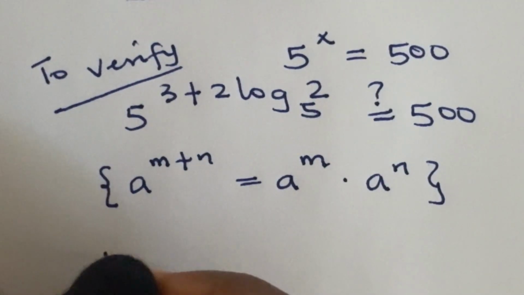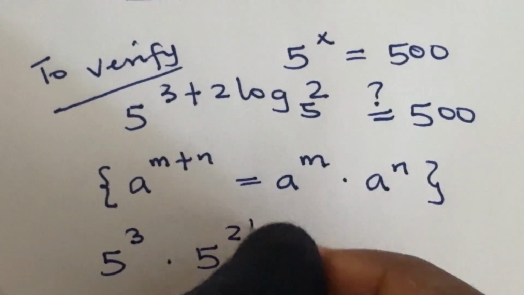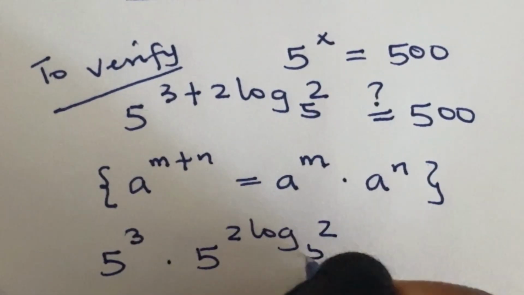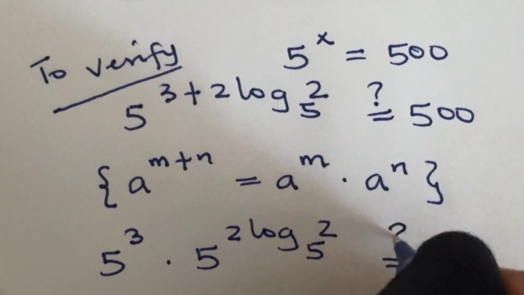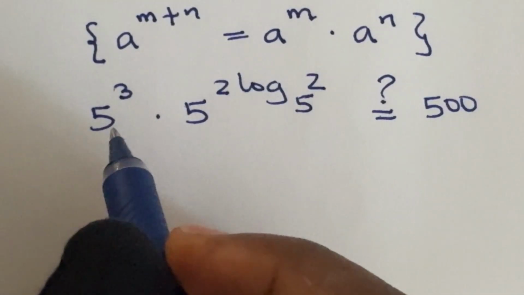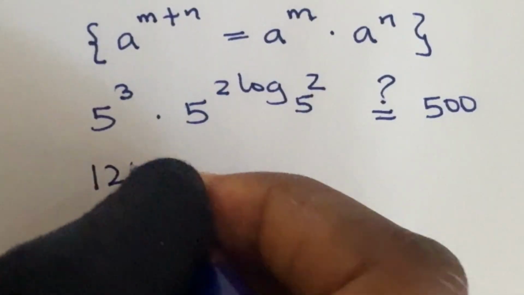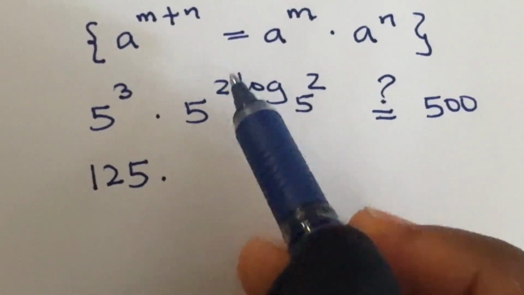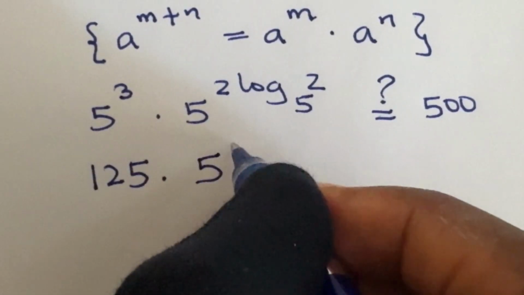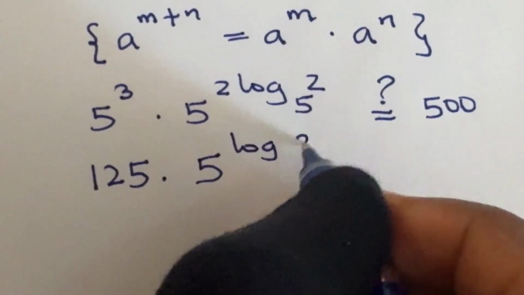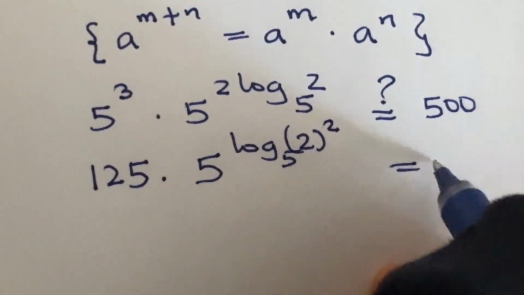Therefore, this will give us 5 raised to power 3 times 5 raised to power 2 log 2 base 5 is equal to 500. 5 raised to power 3 is 125, so we have 125 times, I'll transfer this to over here to give me 5 raised to power log 2 raised to power 2 base 5 is equal to 500.